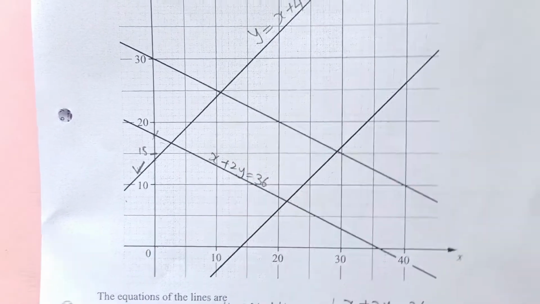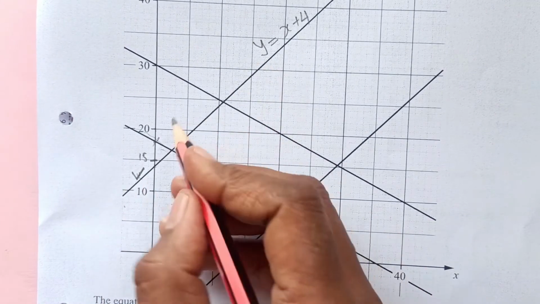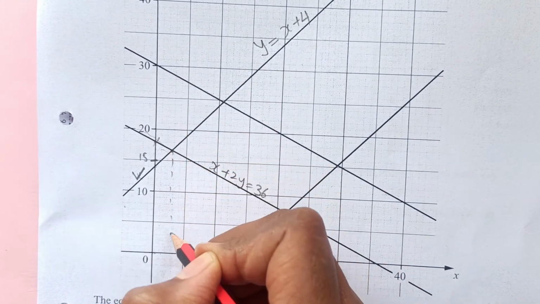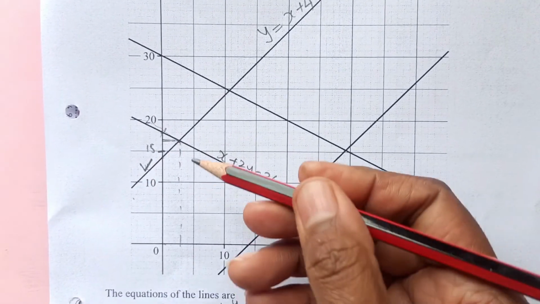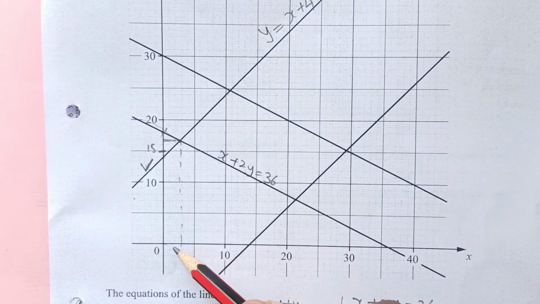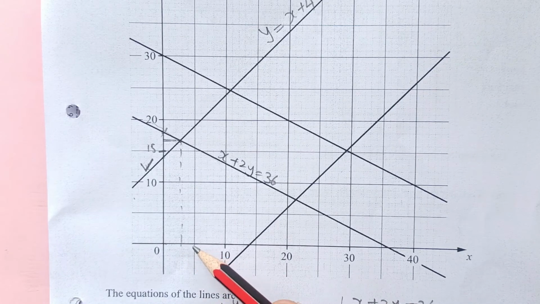Now we will look for the intersecting point. We have this line and we have this line. So this is the intersecting point, right? Going down and going this way, x is, this is 0, this is 5. So this is 1, 2, 3, 4 and 5.